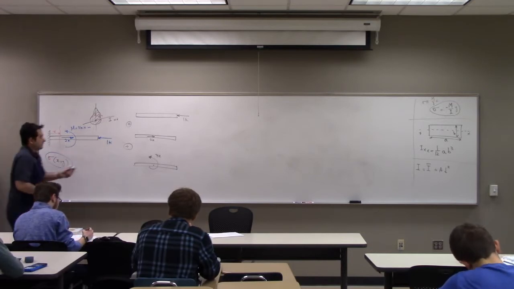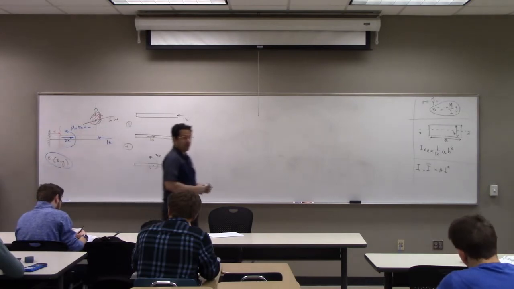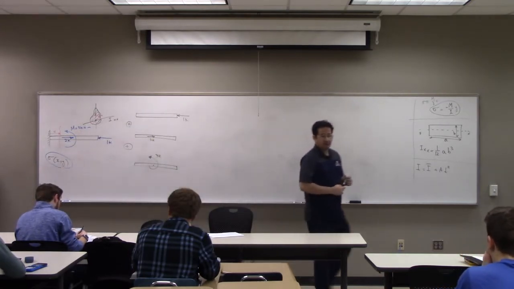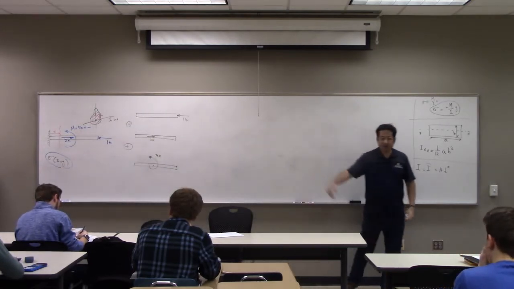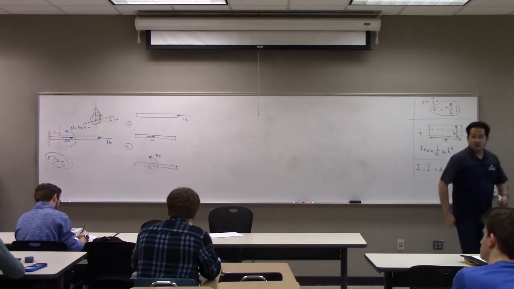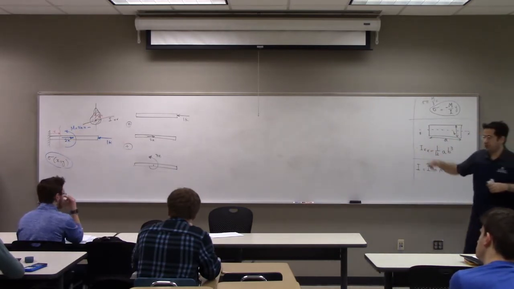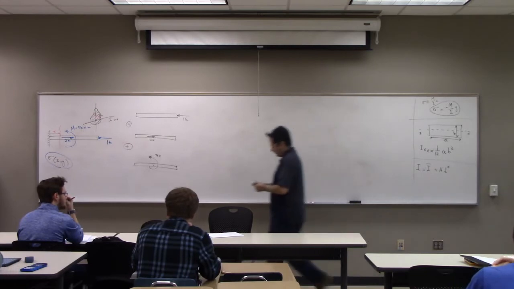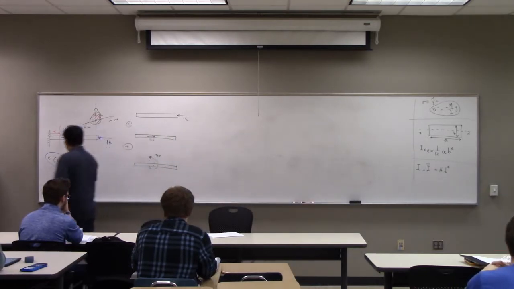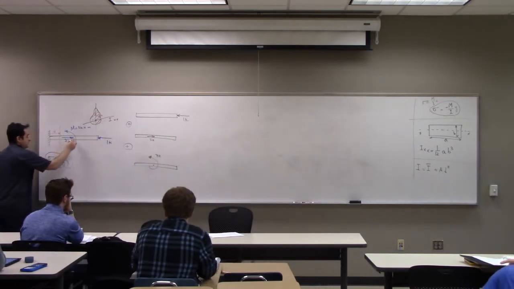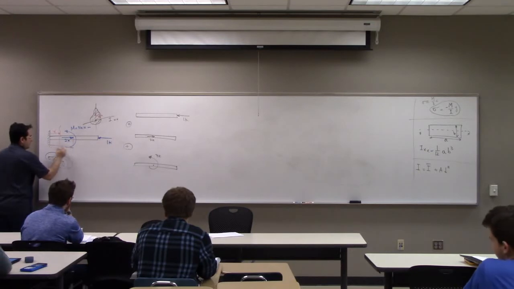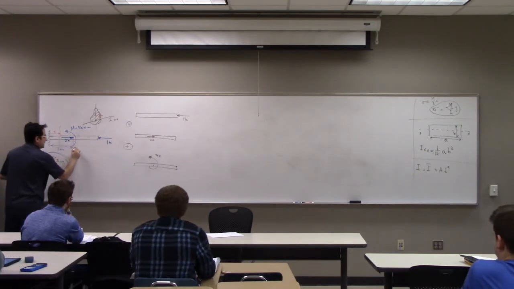So for 1K, what is my stress field? First of all, how many intervals should I consider? 2. From 0 to L over 2. So let's say your L is, this is 1 meter, and this is 1 meter.